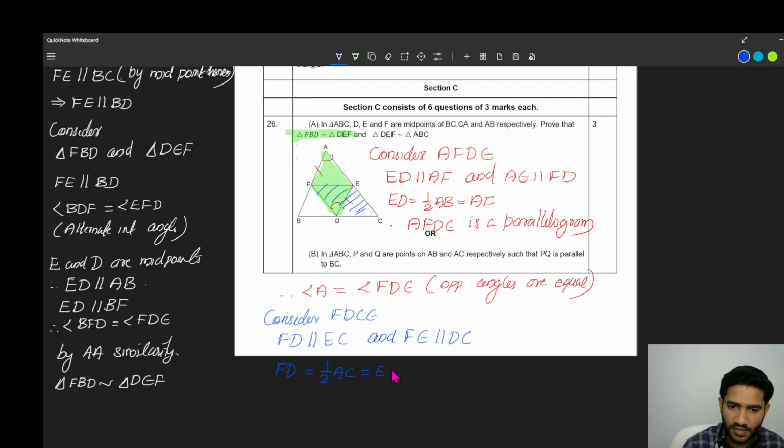This half AC is equal to EC. So therefore here also we can say that the quadrilateral FDCE is a parallelogram.